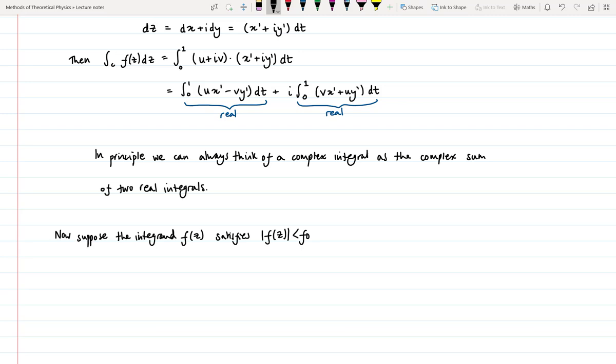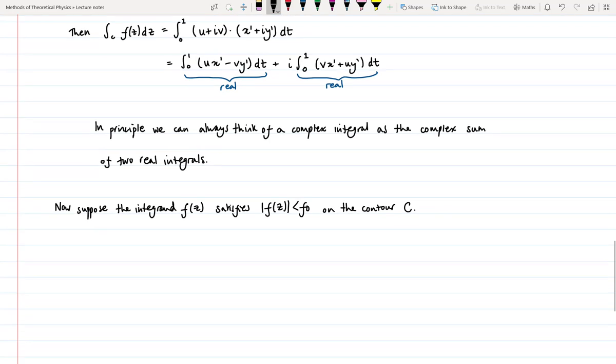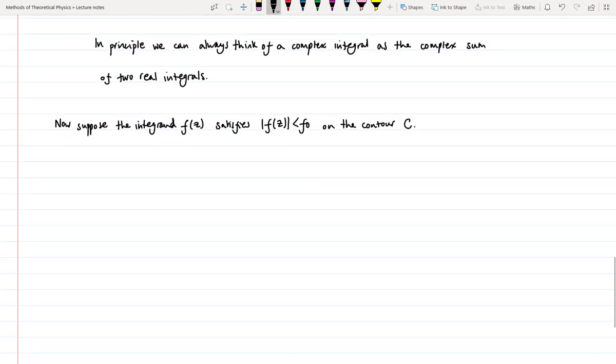So its magnitude, the magnitude of f of z on the contour C, is bounded from above by some real number f0. What does this mean we can say about the magnitude of our integral? Let's denote the length of the contour C by L.